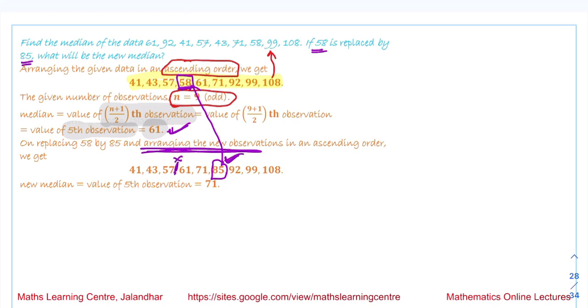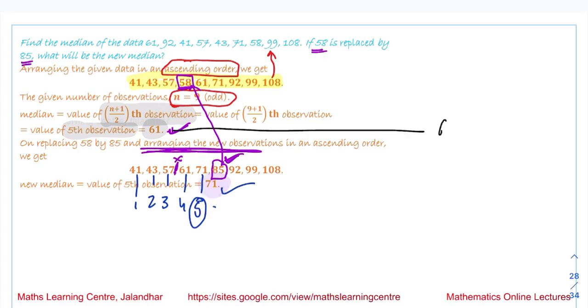Now 85 is over here. Now the median is the 5th observation. This is the 1st, 2nd, 3rd, 4th and 5th. So the median in this case is 71. So the median earlier was 61, and in this case it is 71.